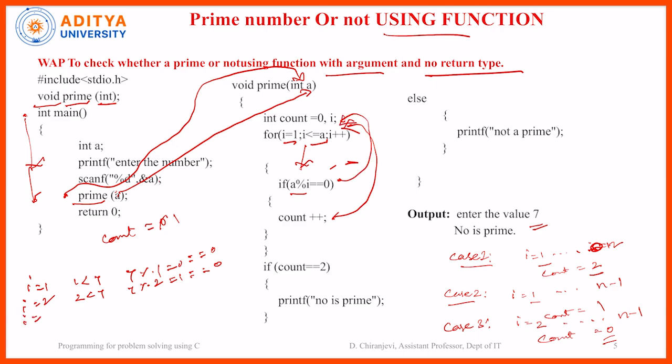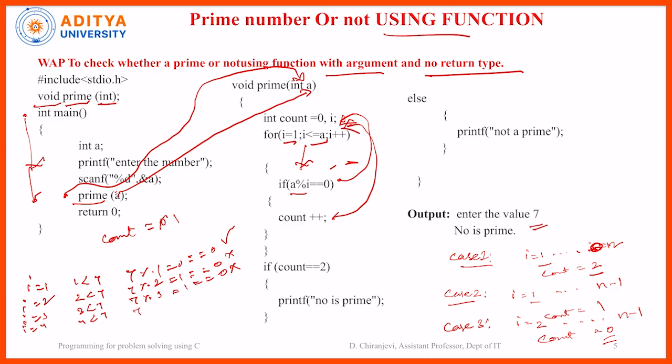Now i value 3, 3 less than 7. So 7 mod 3, you will get 1. This case also is not equal to 0, so it is not satisfied. Again i plus plus. Now i value will be 4, 4 less than 7.